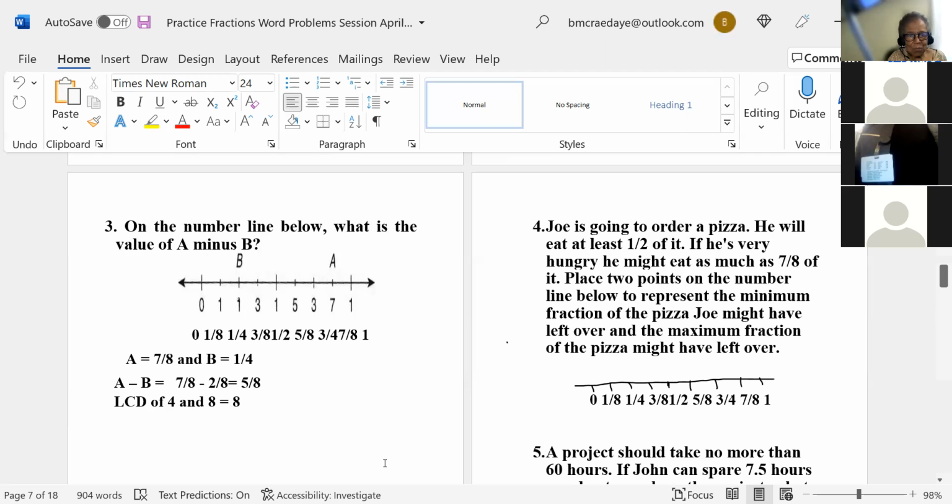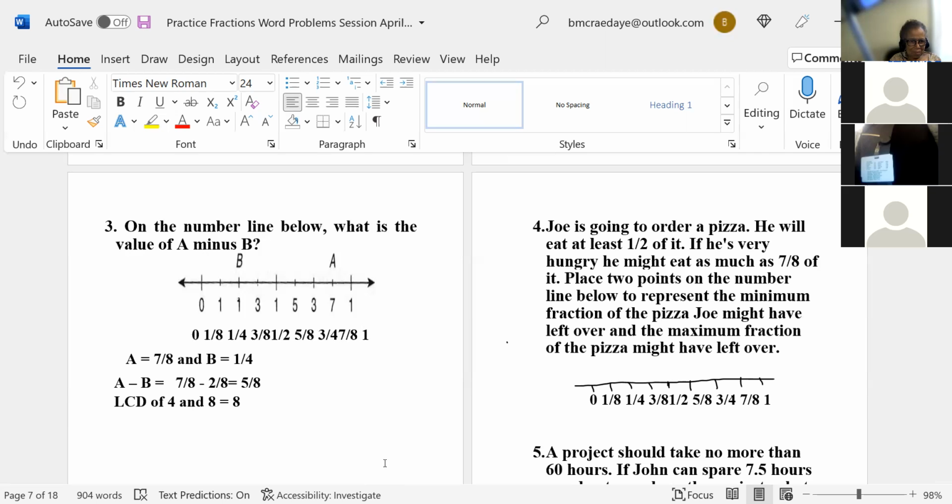Joe is going to order a pizza. He will eat just half of it. If he is very hungry, he might eat as much as 7/8 of it.